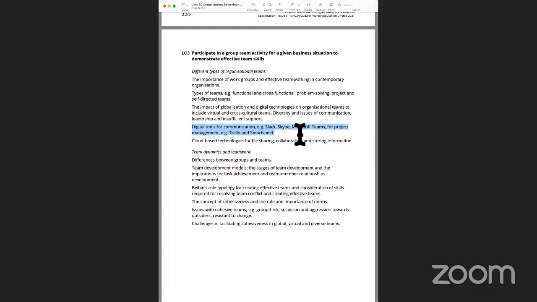So here is where we would stop, and then we will pick up tomorrow when we start discussing team dynamics and teamwork models to close learning outcome 3. Is that okay?